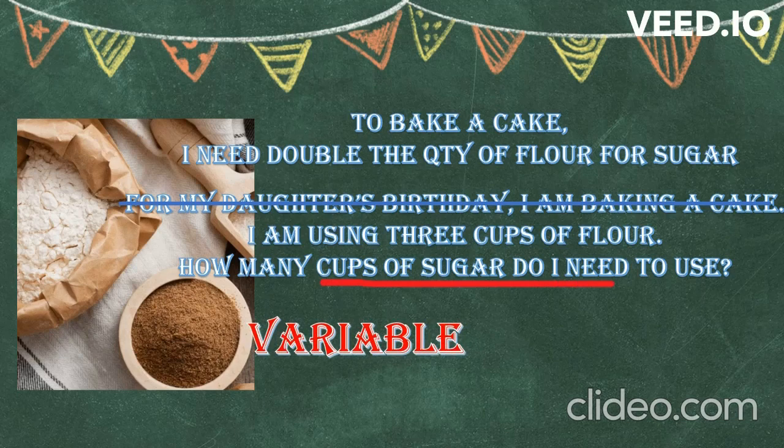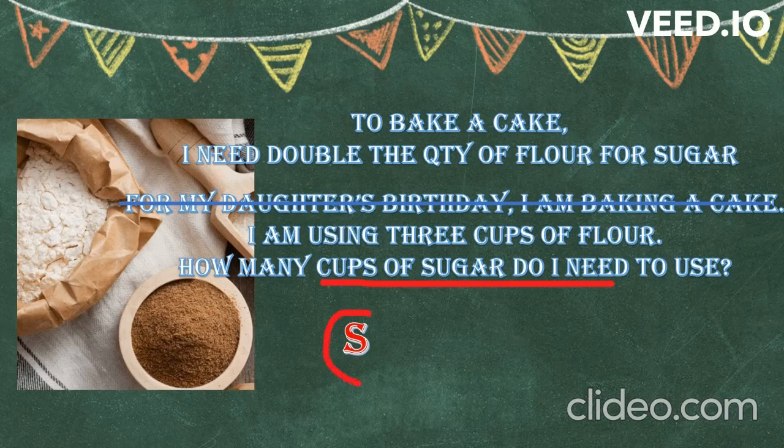So, how many cups of sugar? Let's imagine a variable for this. Let's say that letter is S. S denotes the cups of sugar we need to use. Let's read the question again. It says we need double the quantity of flour for sugar.